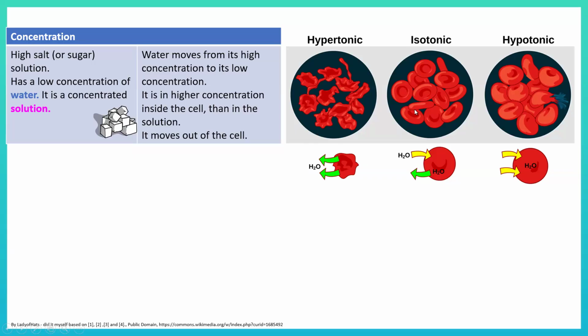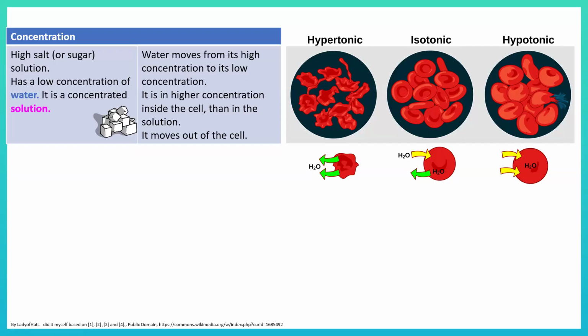If we put them into a solution that's got loads of water in and not much salts, the water will move into the cells because there's less water in the cells compared to outside, because all the water inside the cell is tied up to whatever sugars and salts are inside the cell.